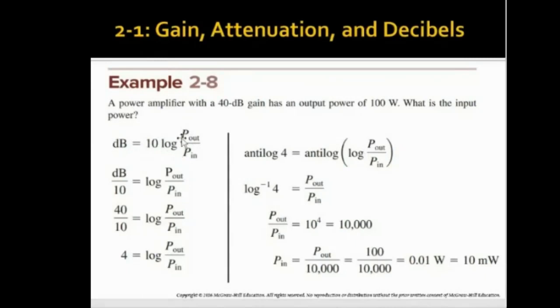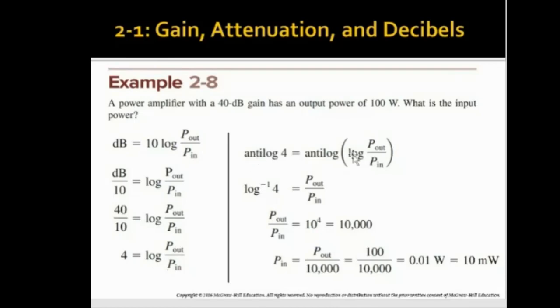We divide both sides of the equation by 10. We have dB over 10, remaining on the other side log P out over P in. So we substitute the values: 40 gain over 10 equal to log P out over P in. So then we have 4 equal to log P out over P in.